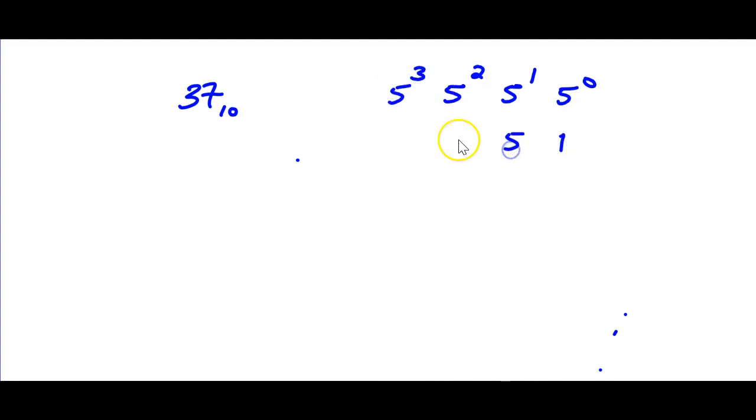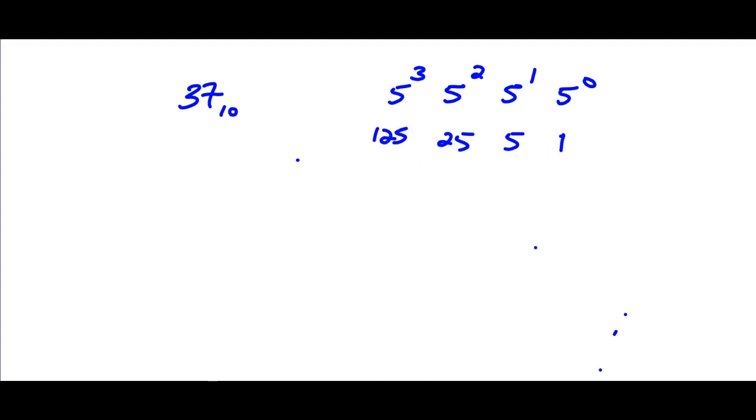Let's try going the other way. Let's suppose we have the number 37 in base 10, and we want to convert it to base 5. 5 to the 0, 5 to the first, 5 squared, 5 cubed. That's 1, 5, 25, and 125.